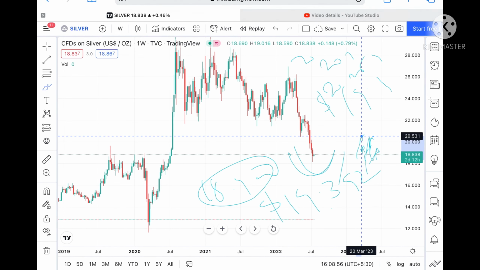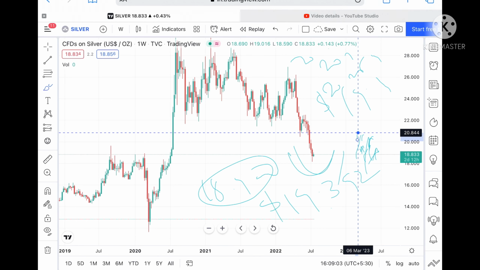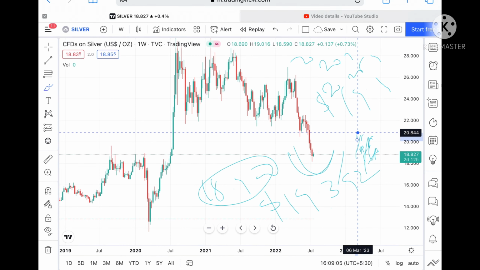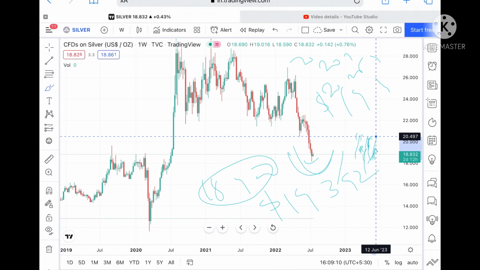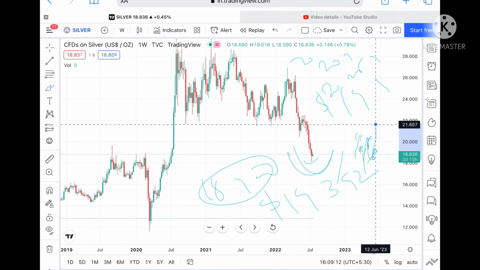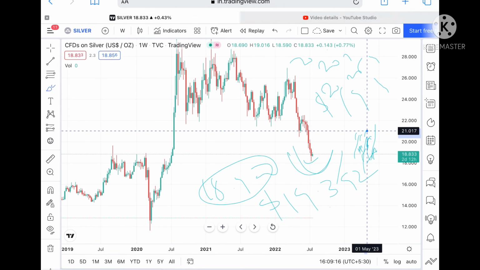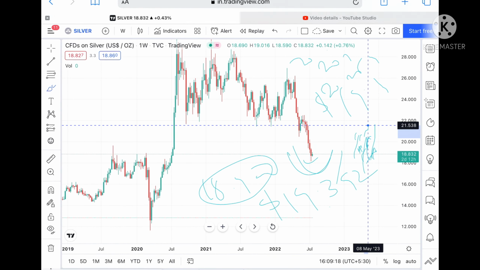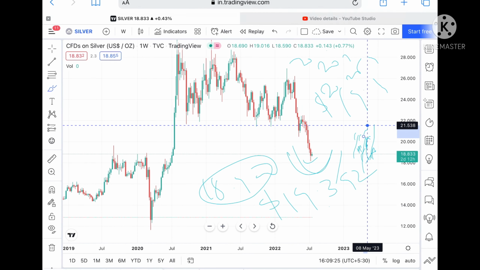If the price goes above that level, it can touch another level around 20.44 and go further high. A swing is forming at this particular level, so if that level sustains, the probability of going further high towards 21.607 is very high if the 20.8 level sustains. Then we can see further upside towards a level of 22.